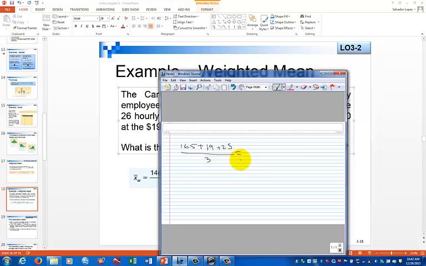Add the numbers and divide by 3. Okay, and we'll have a calculator here. 16.5 plus 19 plus 25, that is 60.5, divided by 3, and that is equal to 20.16.